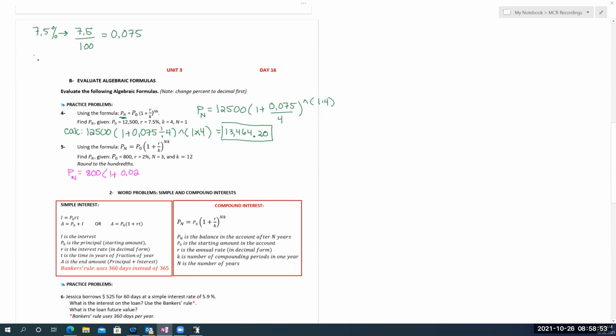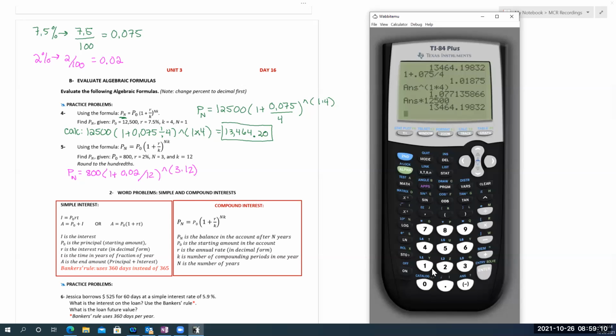Okay, and again, the 2% is 2 over 100, which gives us that 0.02, divided by K, raised to the N times K. So I'm going to go step by step here for those of you that like that method. Parentheses first, then exponents.